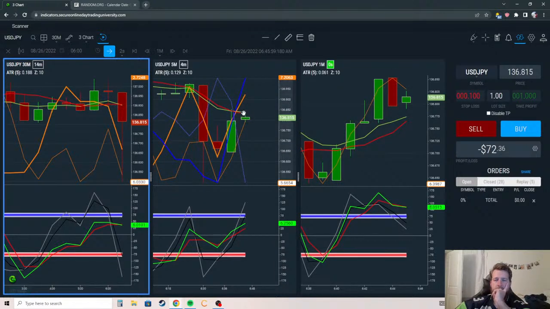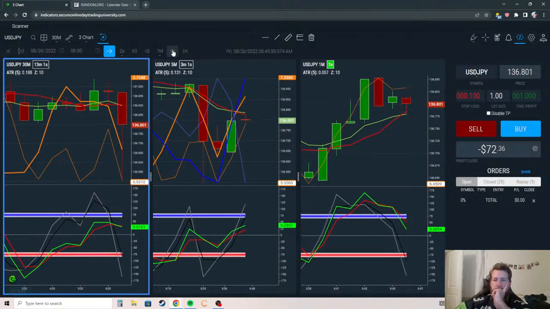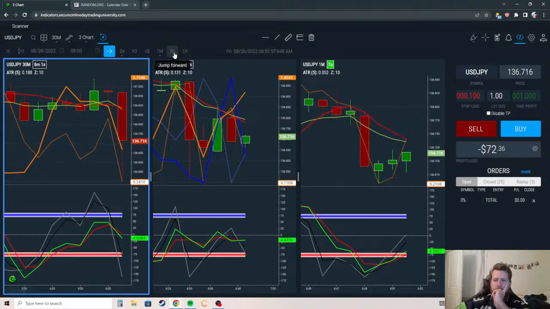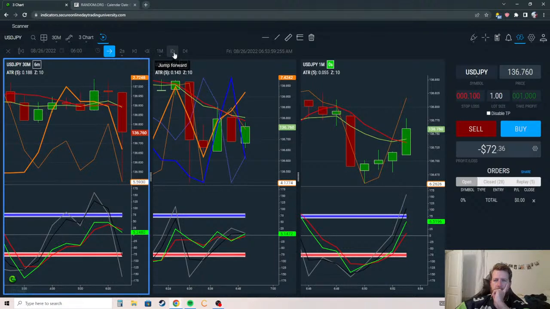Although it did cross green, so maybe it could keep going up, or it could keep going with the trend. Oh, this isn't really trending.